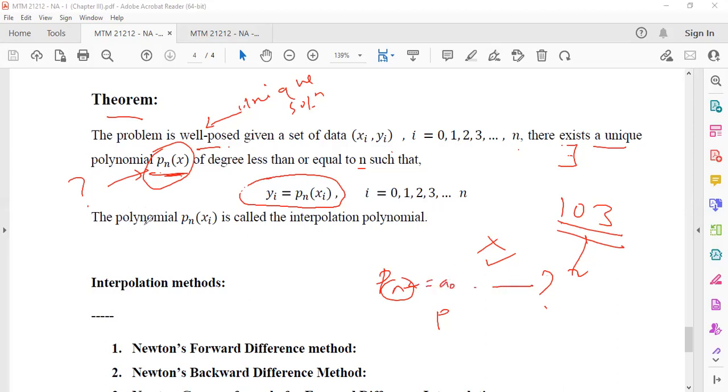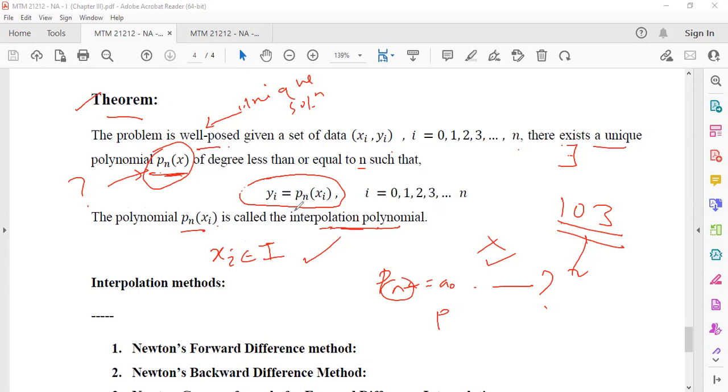So for this polynomial Pn of xi, whichever discrete point xi you are substituting, you can get the interpolation polynomial of that point. For any point in the interval I, we can find it from this interpolation polynomial. That is what the theorem says.